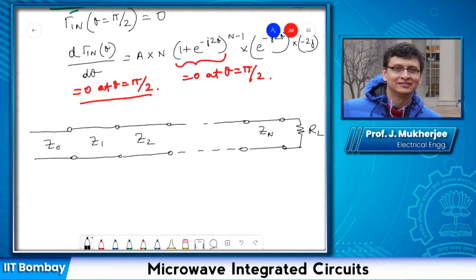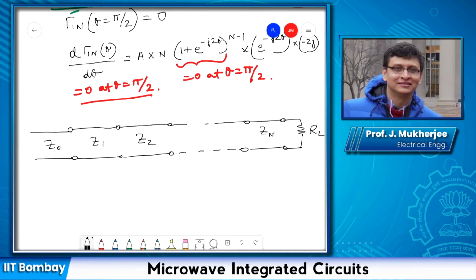So here all these transmission lines have an equal electrical length theta, which could be equal to pi by 2, which would then imply that all these transformers are quarter wavelength long, or they could be not pi by 2, which is also fine.